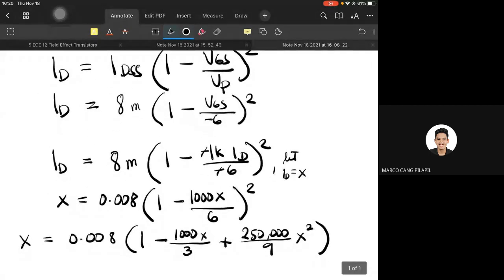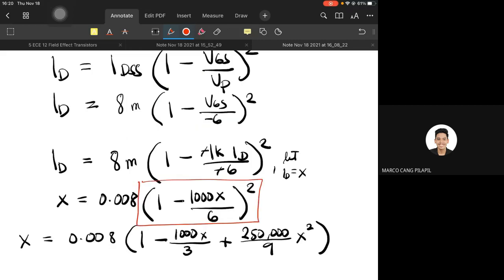Does anybody have a question? I just expanded this portion. It becomes something x squared minus something x plus 1.